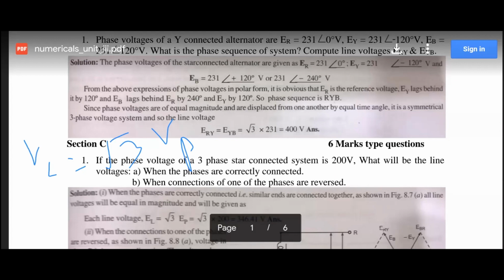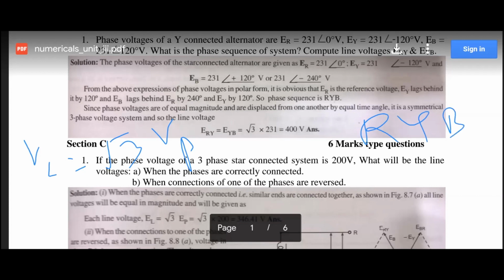Again, it is noteworthy that the letters of the phases which you denote for line voltage representation, the sequence should not be disturbed. Okay, for example, RYB is the phase sequence.